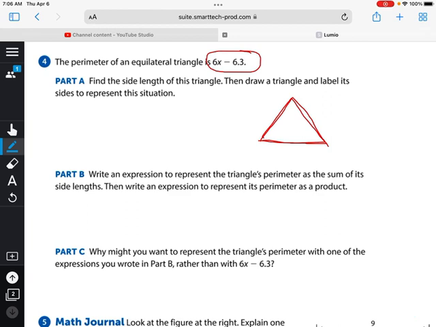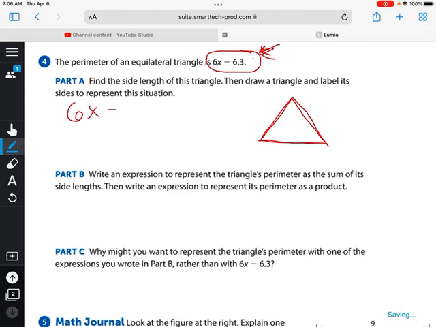Part A says, find the side length of this triangle, then draw a triangle and label its sides to represent the situation. Okay? So if this is the perimeter right here, and we know all 3 sides are the same, what we're going to do is take the total perimeter, and because there are 3 sides, all we have to do is divide that by 3.